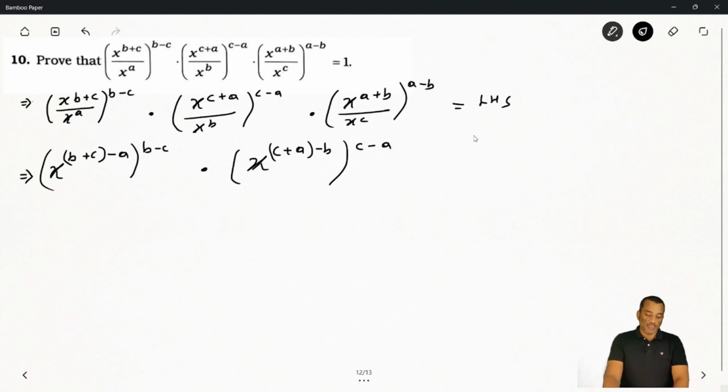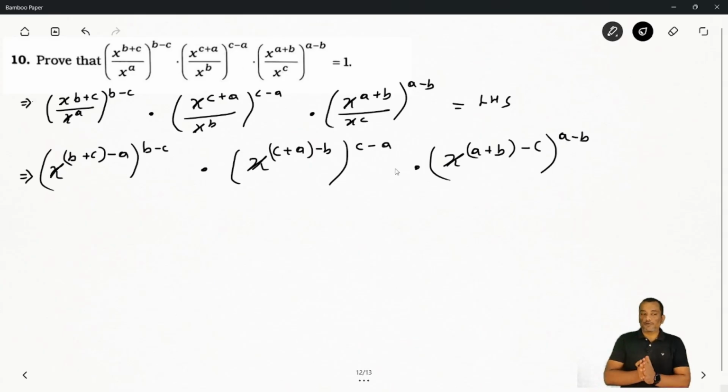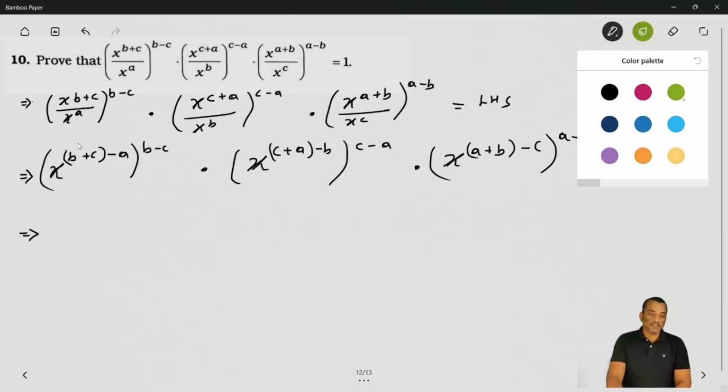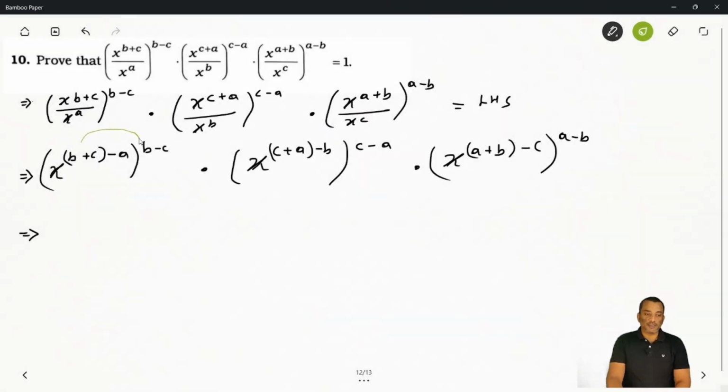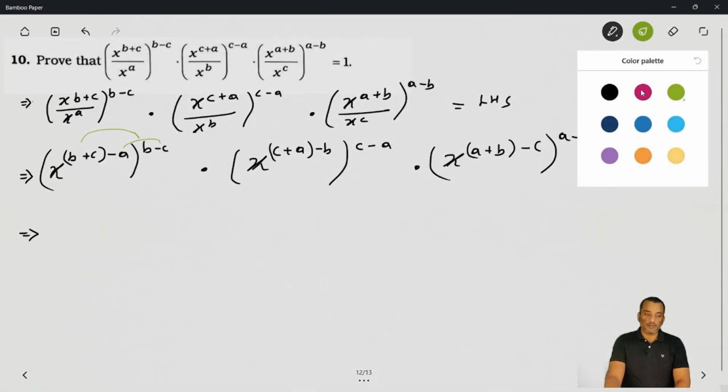Okay, now after that x to the power a plus b minus c, and whole bracket a minus b. Now after that, you can apply the power rule. Remember one trick you have to follow: b plus c will multiply with this also and this also. Okay, so based on that, we will apply here.